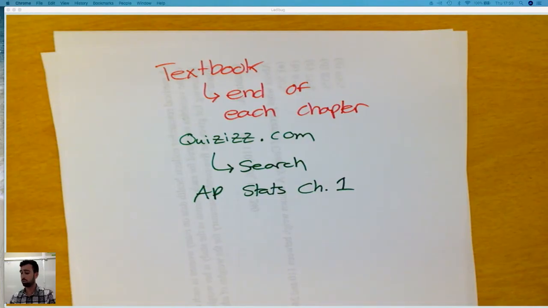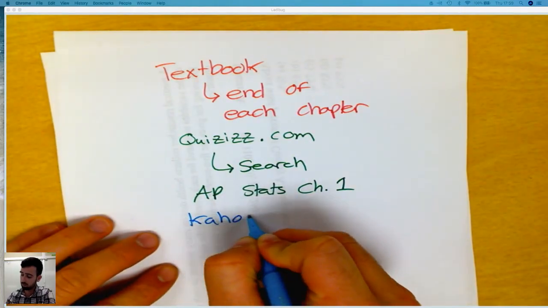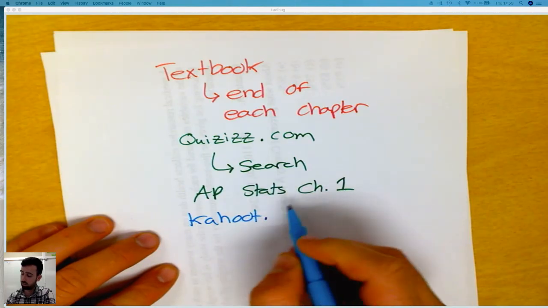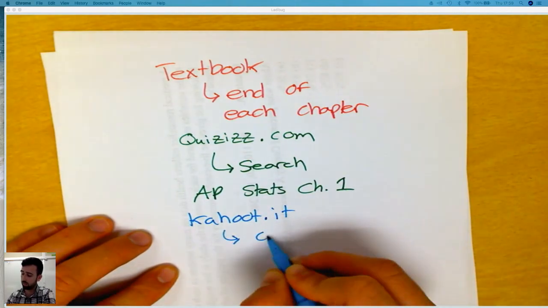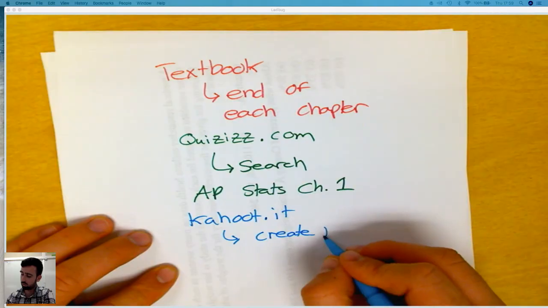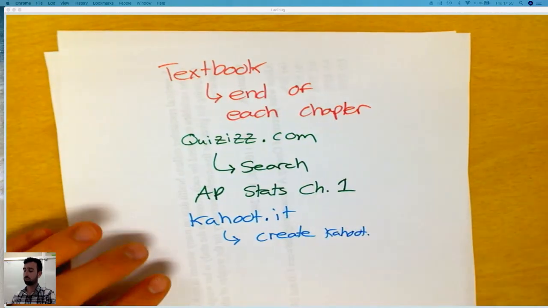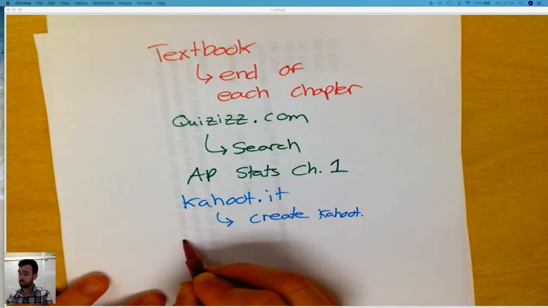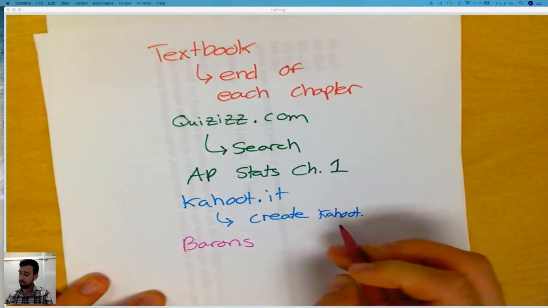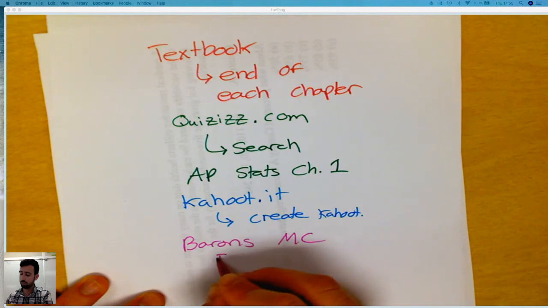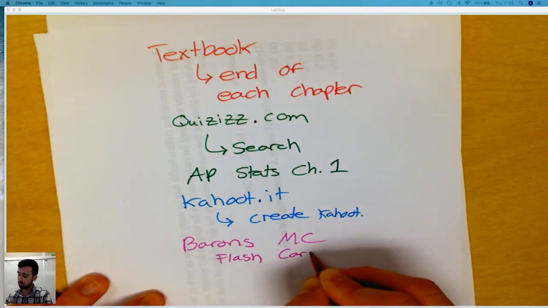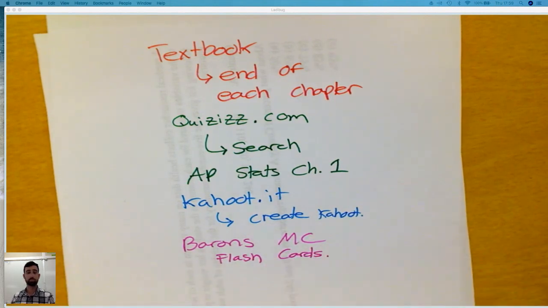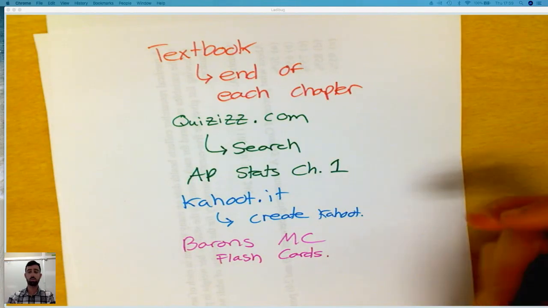Also, you could use Kahoot.it or create a Kahoot, and you can find some more questions there. Also, the Barron's. Barron's has some multiple choice flashcards. Check it out there. Where can I find multiple choice questions? Here you go. All right here.